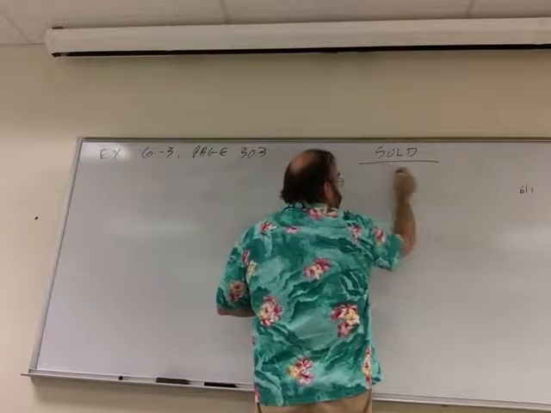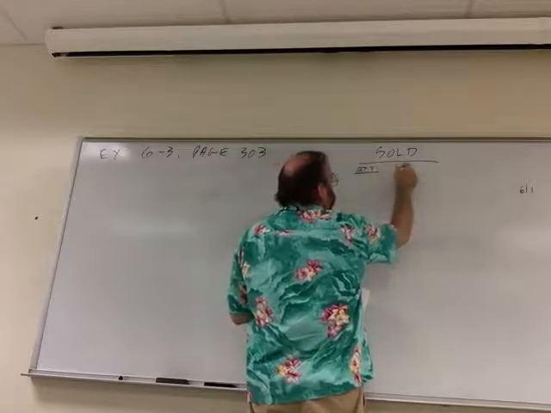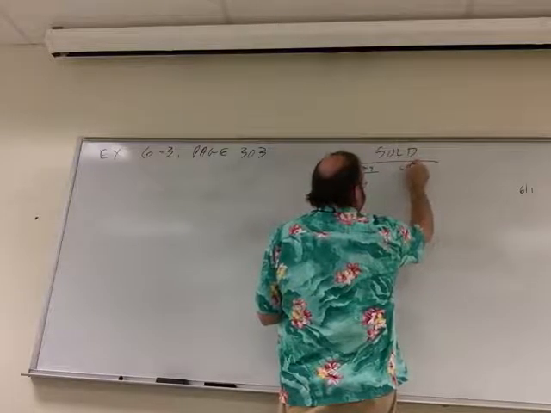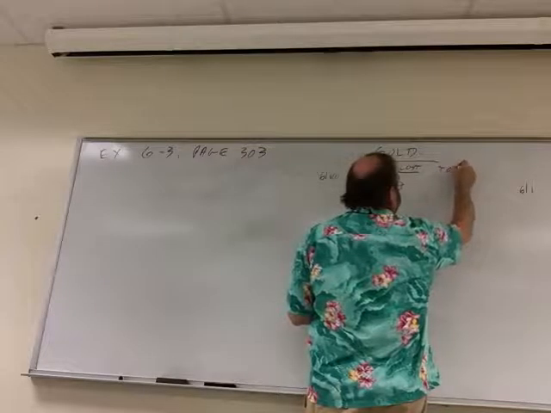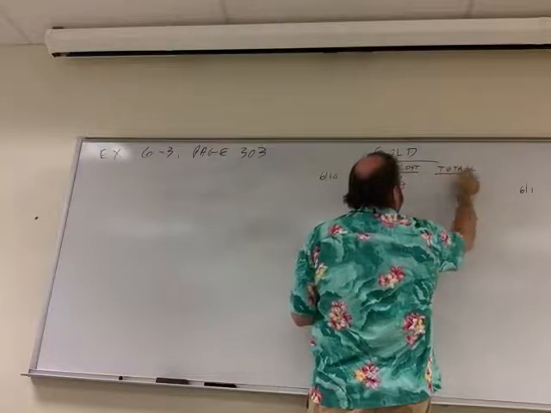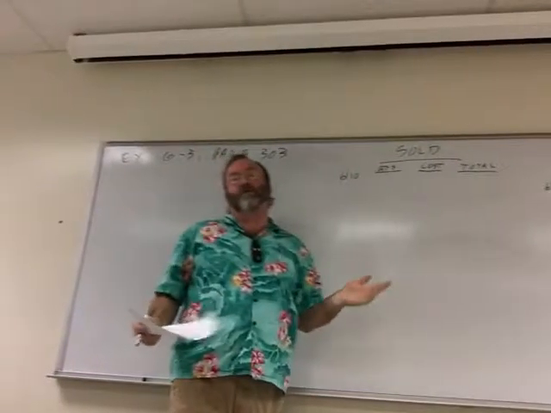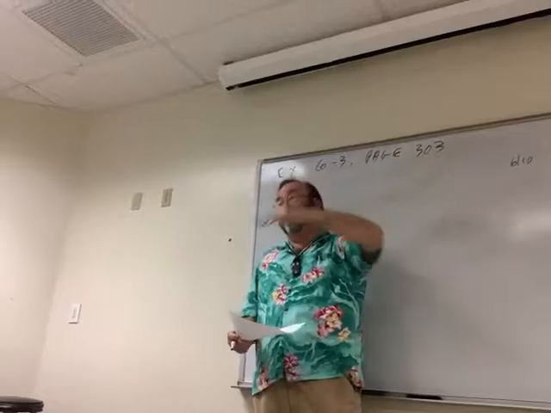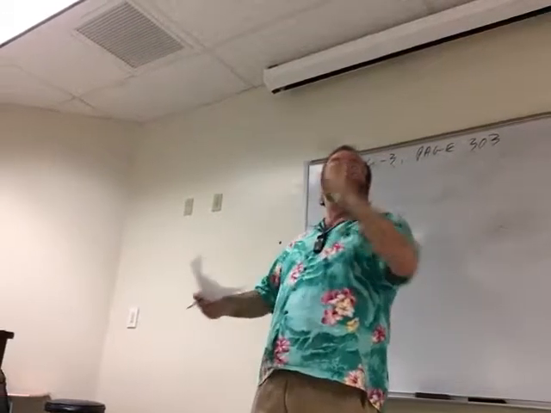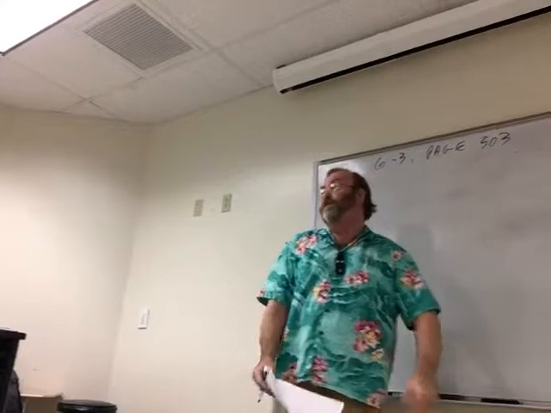On June the 10th, we sold some of this. We only have one batch of inventory, all 240 units, so at this point, it doesn't matter whether we use FIFO or LIFO or even average cost.